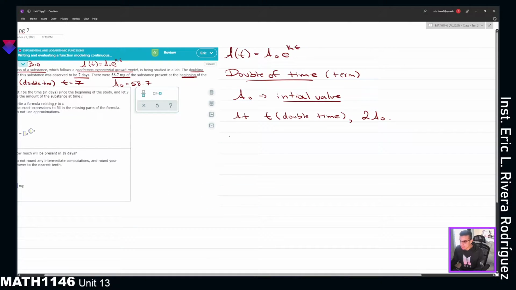At the beginning means day 0, and you see that I'm using the unit day because the exercise is using days as the time unit. So in day 0, the initial amount was 58.7 milligrams.